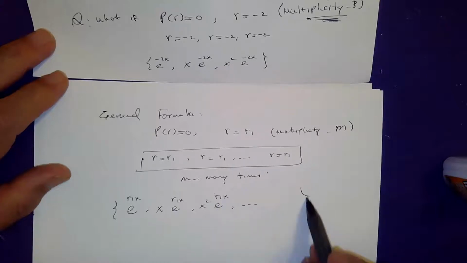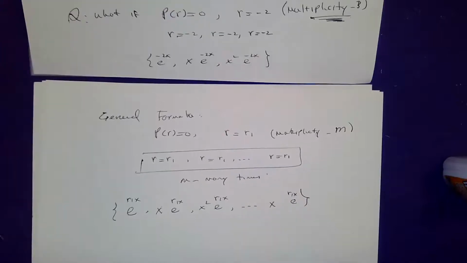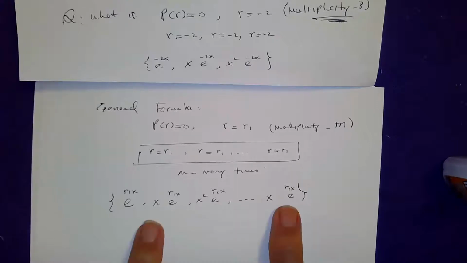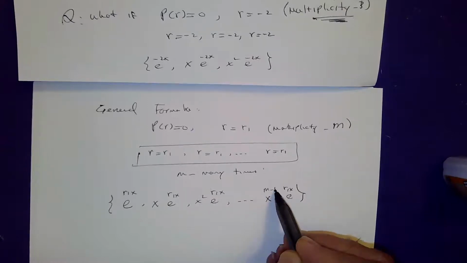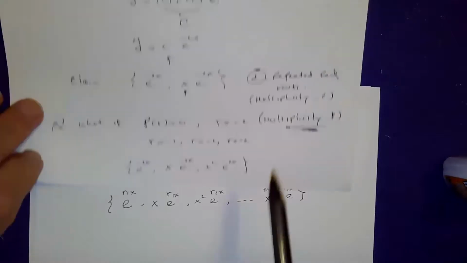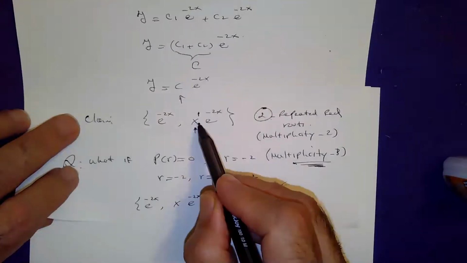What will be the last one, guys? X to the power of what? To the power of m? Sorry? To the power of m minus 1. Not m. Why? You remember when you have 2 repeated roots, you stopped at x to the first.